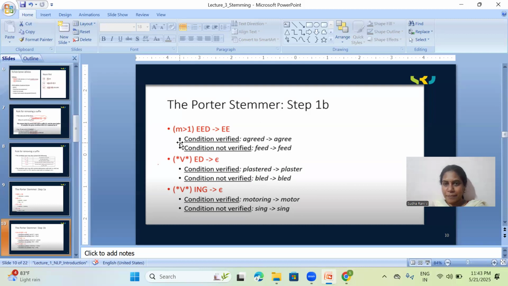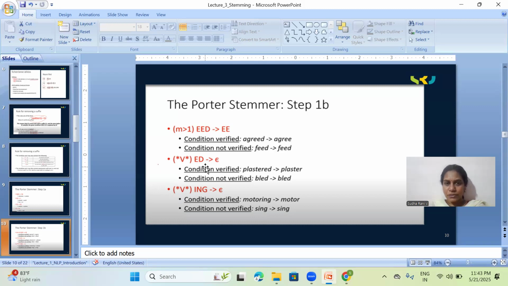What I said, the condition has to be satisfied. Here, agree, M is greater than 0, so the condition is satisfied. But feed tends to feed, where M equals 0, so the condition is not satisfied.